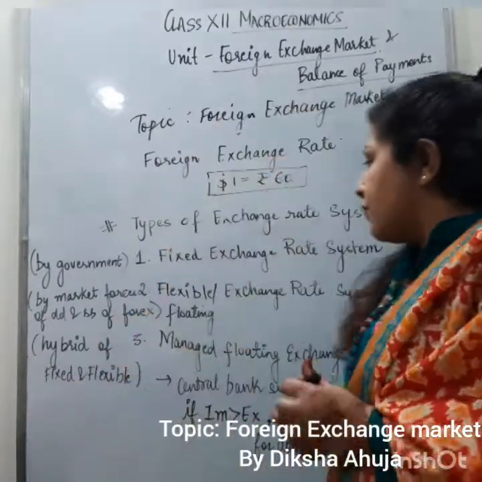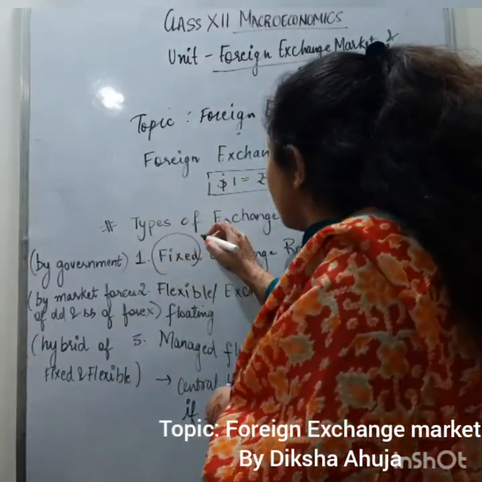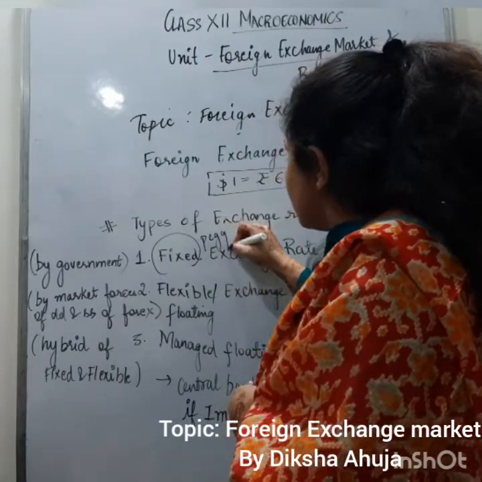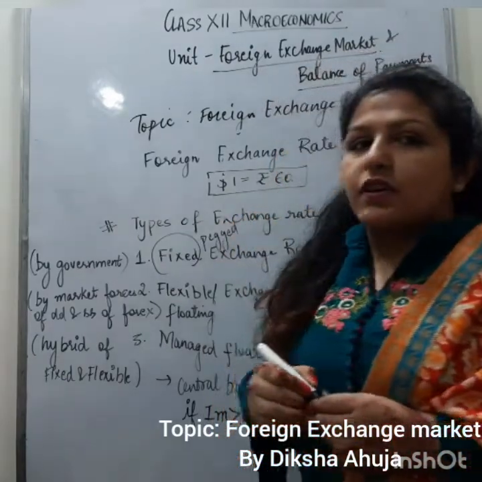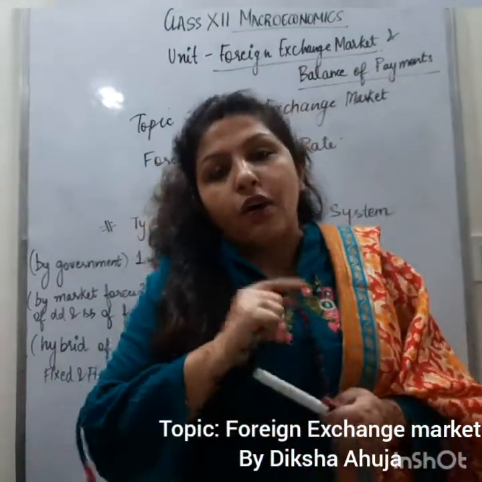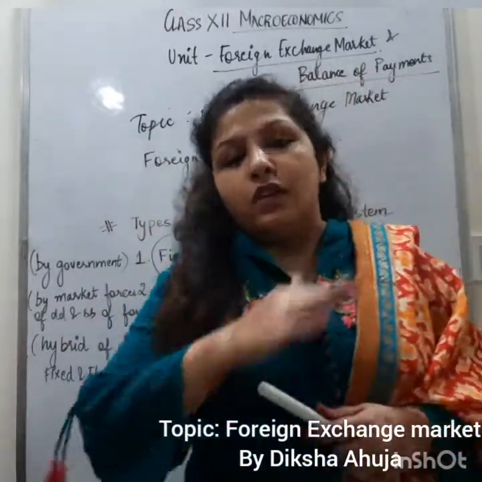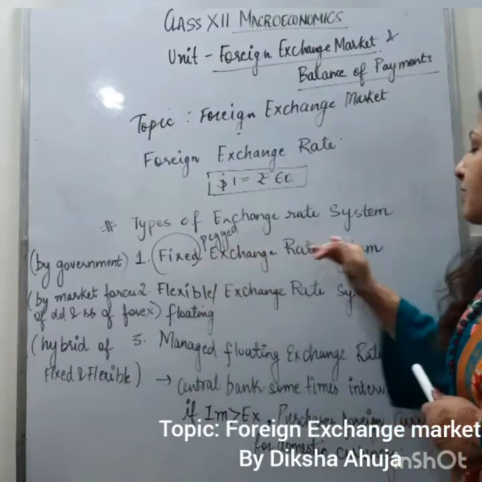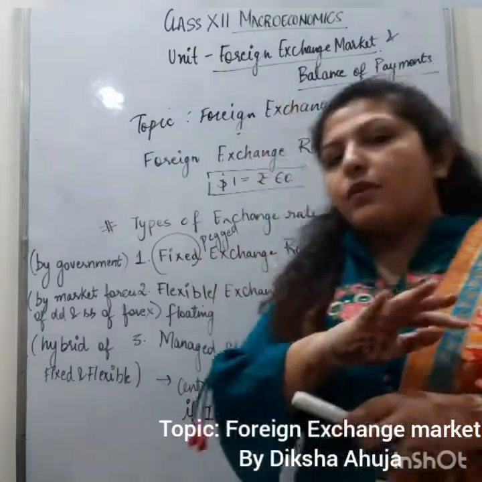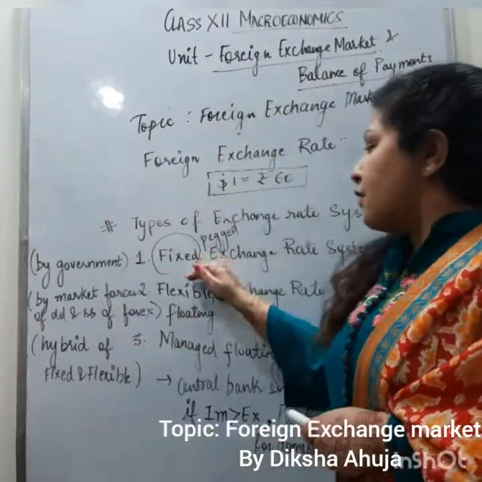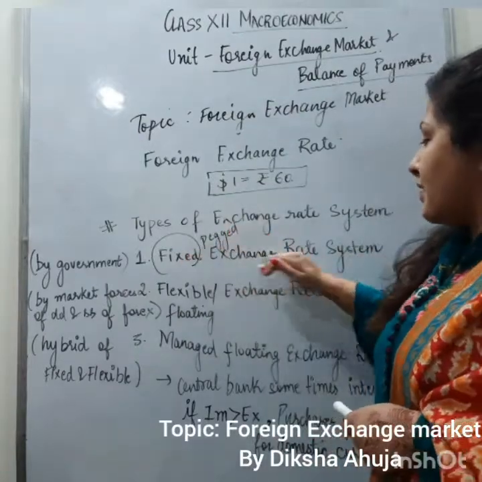Pegged is a word used for fixed. Fixed is also known as the pegged exchange rate system, because the exchange rate was fixed according to the US dollar. All other countries used to set their exchange rate as per the US dollar. So the very first exchange rate system, which was famous earlier but is not prevalent now, was the fixed or pegged exchange rate system.